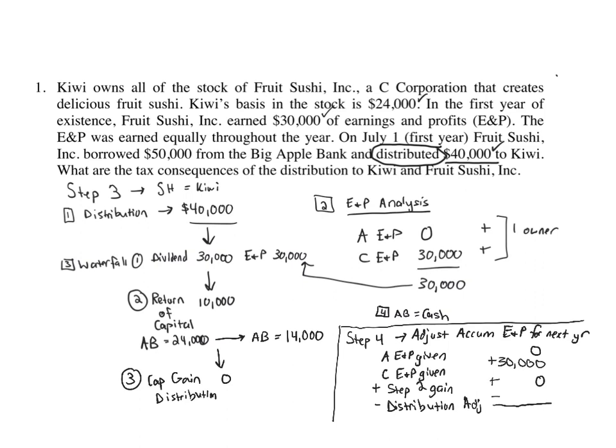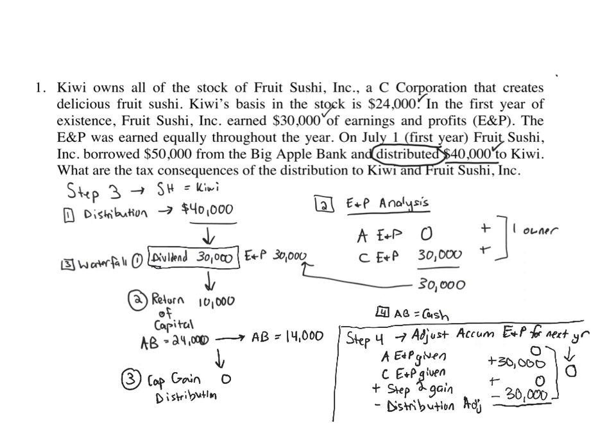The general rule for distribution adjustment is the amount of the distribution by the corporation that resulted in a dividend to the shareholders. So we only have one shareholder. We're just focusing on this amount right here, which is $30,000. Therefore, if we net all these, we get 0. So the accumulated E&P for next year is 0.